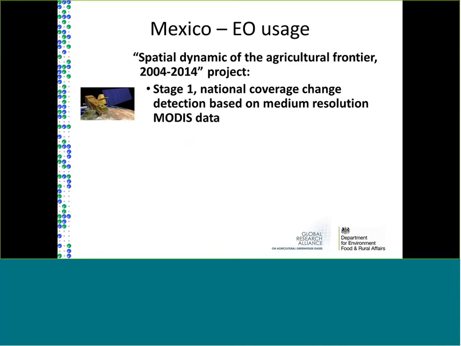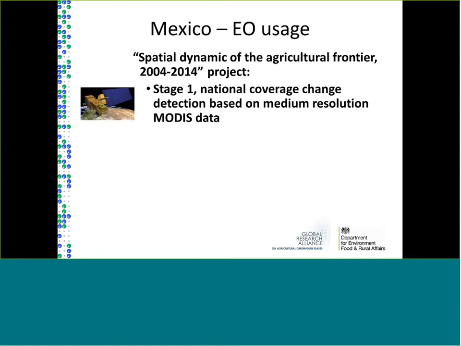Mexico has approached looking at Earth observation usage through a project, Spatial Dynamic of the Agricultural Frontier, looking at data between 2004 up to 2014. The first stage of the project, which is completed, went for a national coverage using the American MODIS instruments, which give medium resolution data of 250 to 500 meters for land cover products.